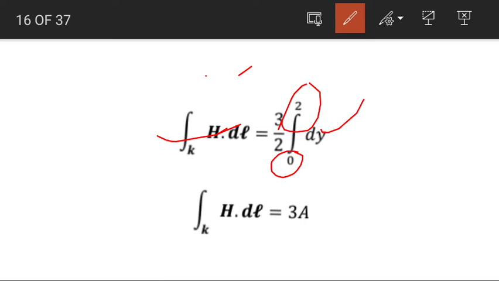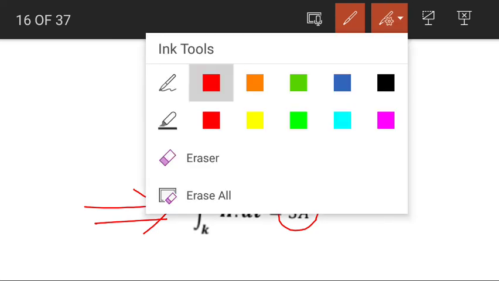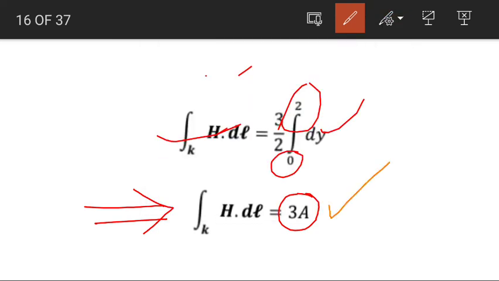The integration of dy is y. If we put the limits, we get 3 ampere. So the integration of H dot dl along the straight path K results in 3 ampere.